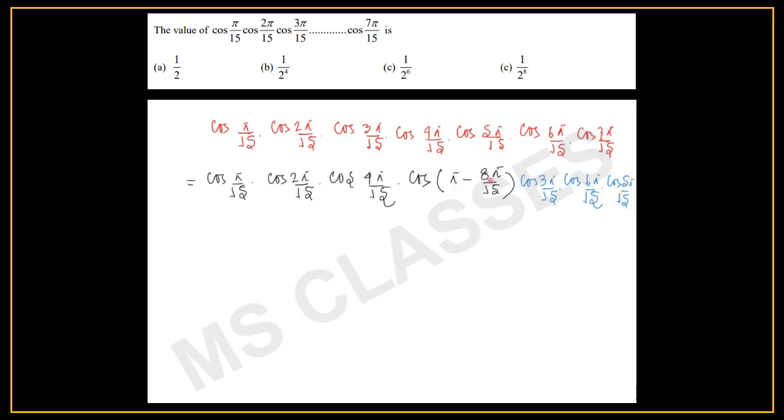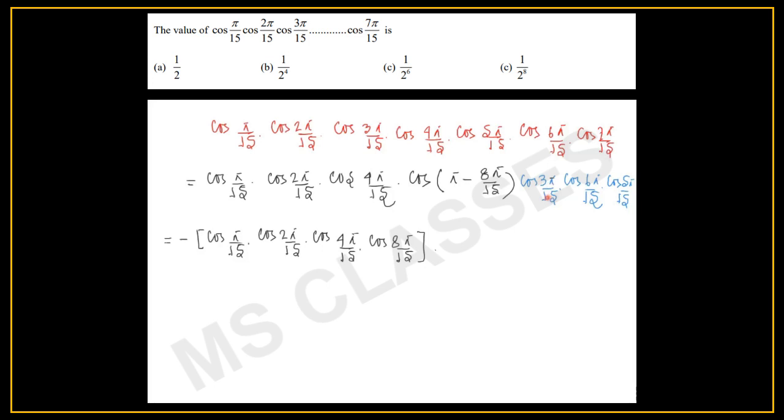Now here cos of pi minus theta is minus cos theta. So you can write here minus, and then we can write cos pi by 15, cos 2 pi by 15, cos 4 pi by 15 into cos 8 pi by 15, into, now cos 3 pi by 15 is also having a standard result. 3 pi by 15, if we simplify this one, it is pi by 5, that is cos 36.